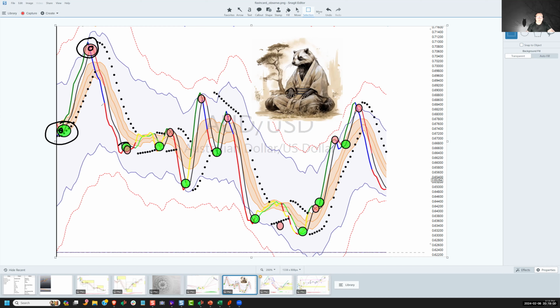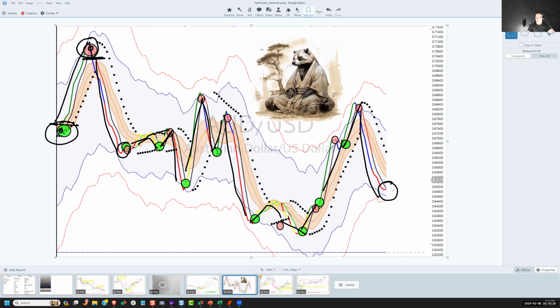So you would be long here, and then somewhere in here you get short, and then you get long here, and then maybe long again, and then short, and long, and short, long and short, long, long again, short.